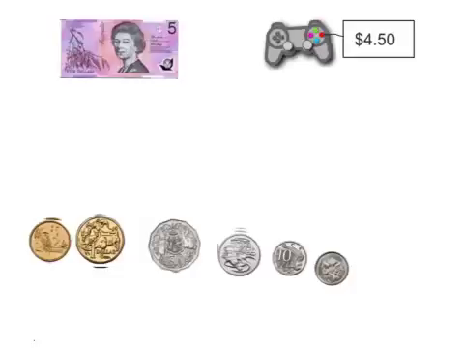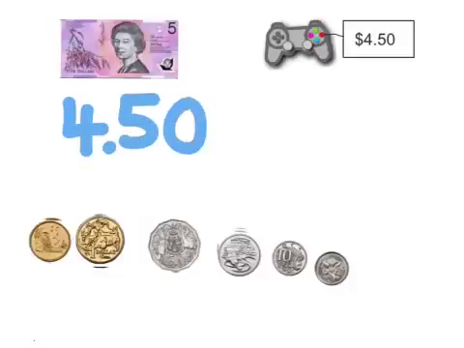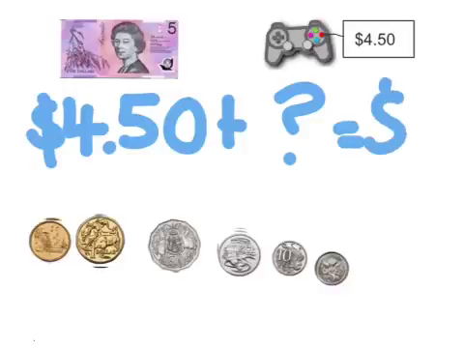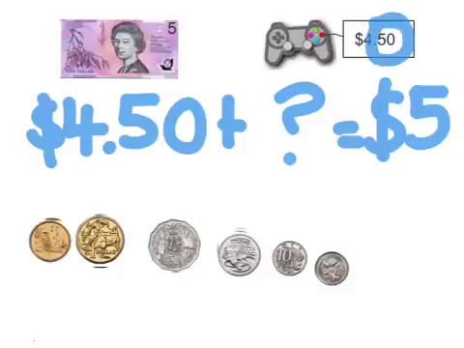In my head, I'm thinking $4.50 plus what equals $5. I know I only need one more 50-cent piece to make it $5.